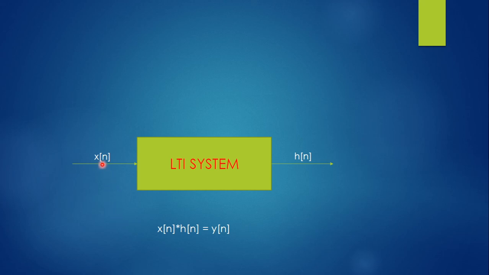You give x[n], you know the h[n], you do some operation that we will see, the convolution. You convolve x[n] with h[n] to get the output. What you need to know is only h[n].